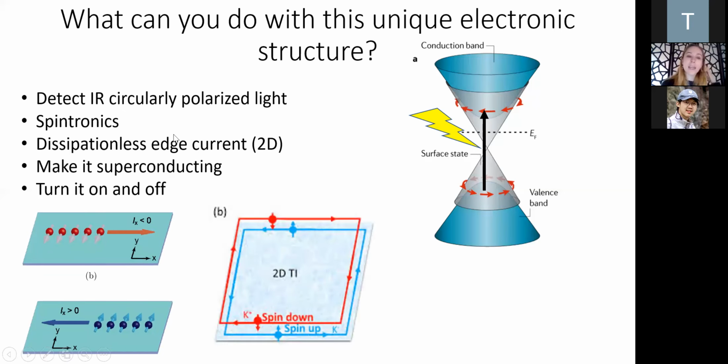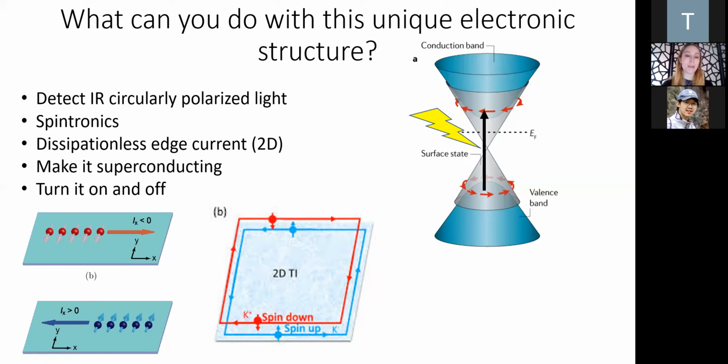Another application is dissipationless edge currents. This is an application that's more achievable in a two-dimensional topological insulator, but again, this originates from spin momentum locking. If an electron moving in a specific direction needs to have a specific spin, it cannot scatter backwards because electrons moving in the backwards direction have the opposite spin.